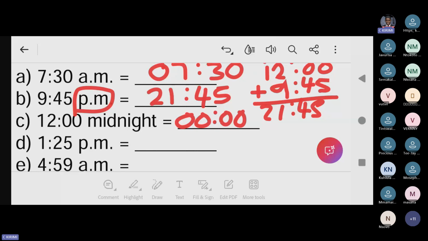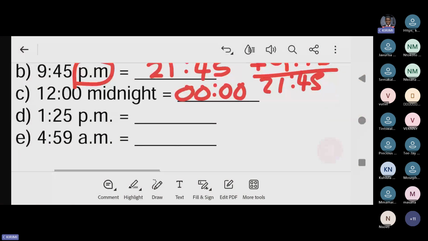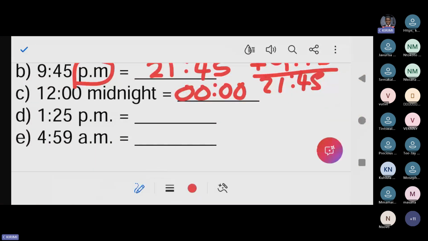And for 6:25 p.m., it is past noon time by 6 hours 25 minutes. If you want to put it in 24-hour notation, noon time is 12 o'clock, and this time has passed 1 hour 25 minutes, so we are adding 1 hour 25 minutes.